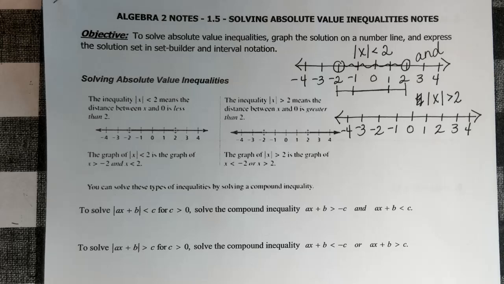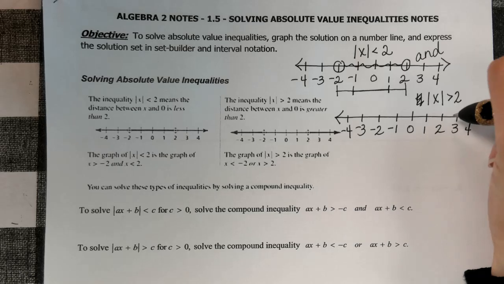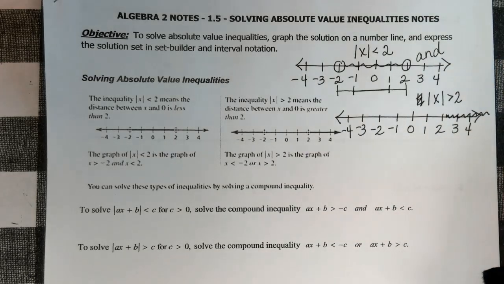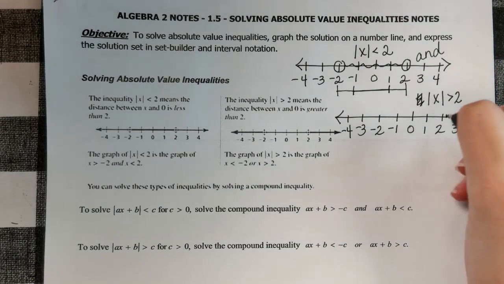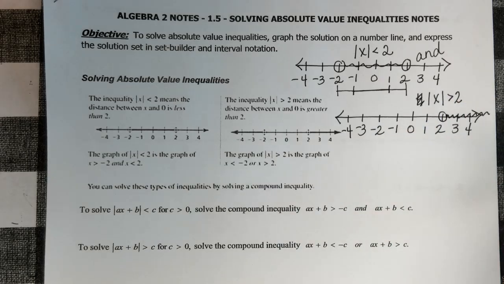That means I want the distance from 0 to be greater than 2 units. So where would I be going then? Past 2. What about 2? Open circle. Anything past 2, I'm getting farther away from 0. Is that it? Where else can I go?